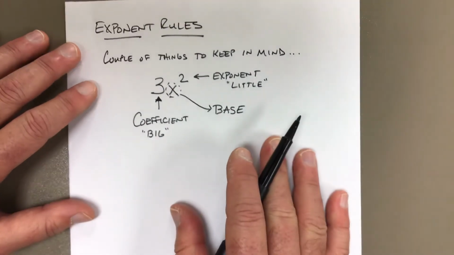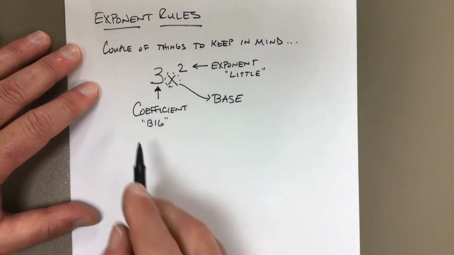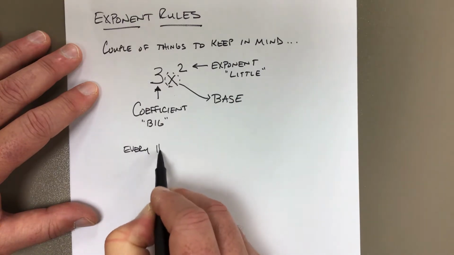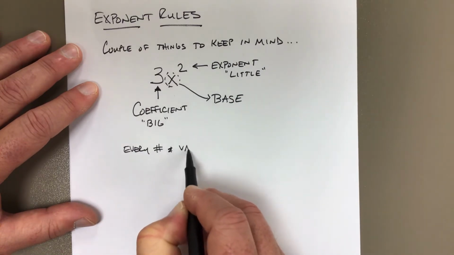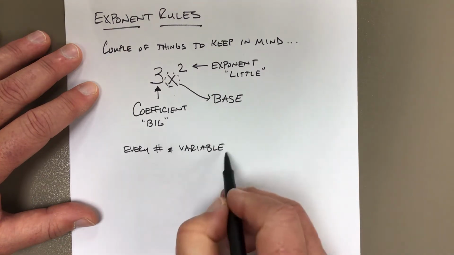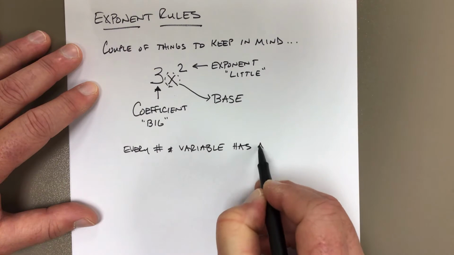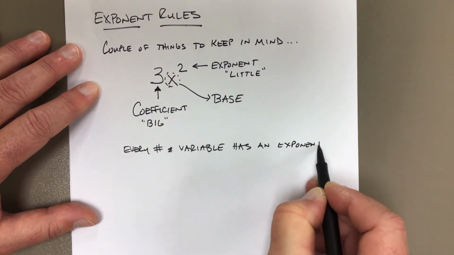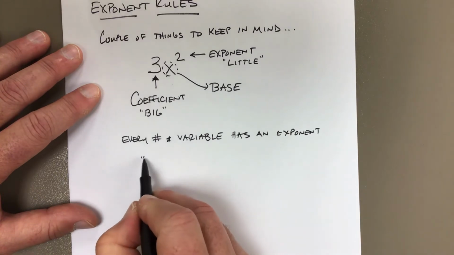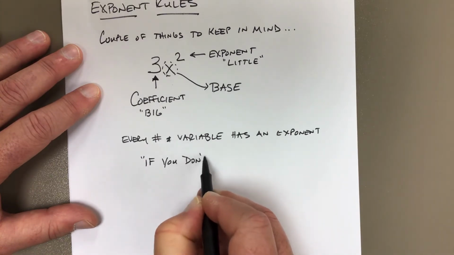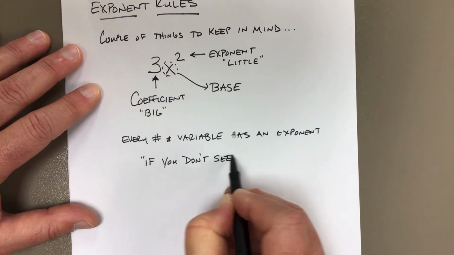Now, also, we have to understand one thing. Every number and variable has an exponent. We just may not see it, okay? What I mean by that is that if you don't see one, it is one.